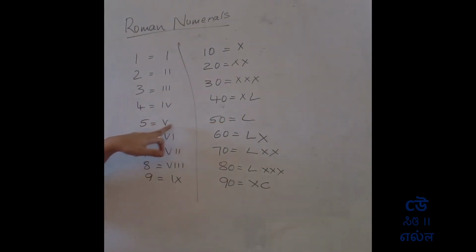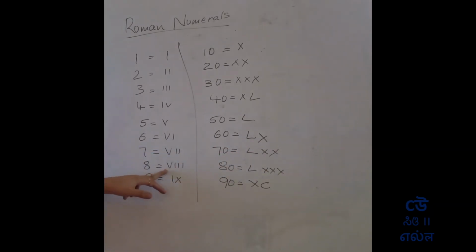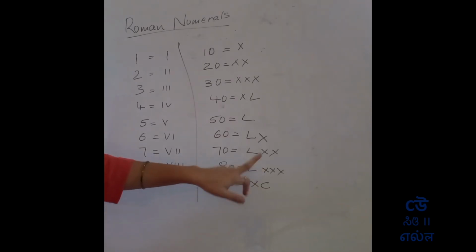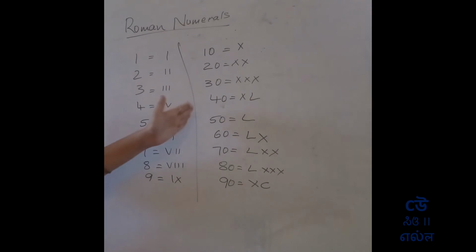Next v, only v is there, so we are writing only l. Here v1 we have, so in v place we are writing l, so lx. Next v11, so lxx. Next v111, lxxx. 1x, so xc. Understood? If you keep these two tables in mind, you can easily write the numbers. This is the easy trick how to write.